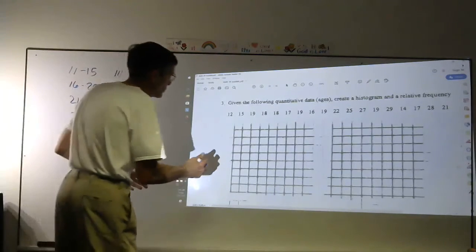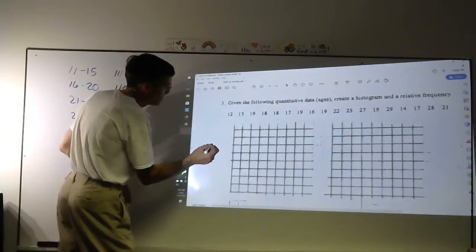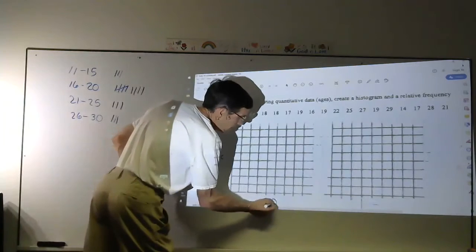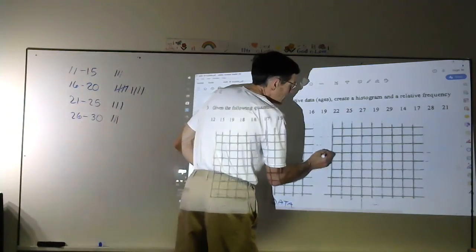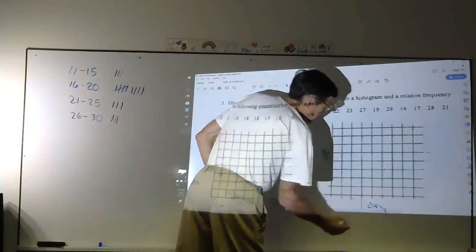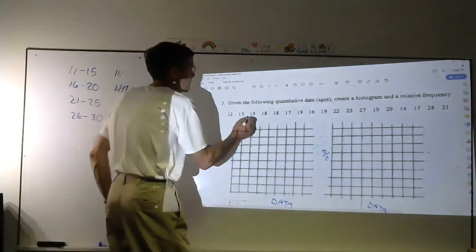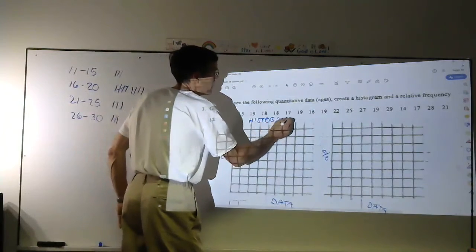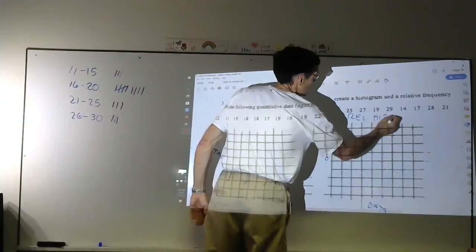So this is the total number. Let's put the total here, and let's put data down here. Over here, when we do the relative, this will be the percentage, and down here will be the data. All right, so this is our regular histogram, and this is the relative histogram.